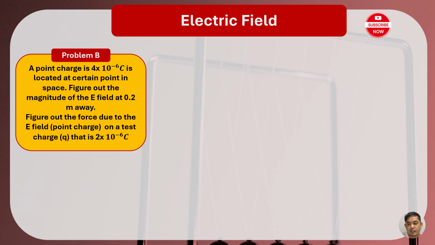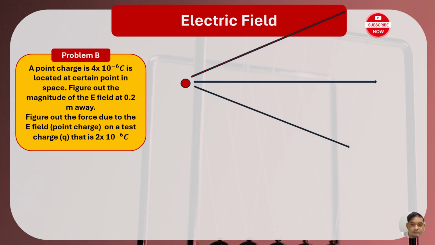So we will try to visualize what's going on in this problem. We have a source charge or a point charge, and since it is a charged particle, it generates an electric field. I just drew it that way.